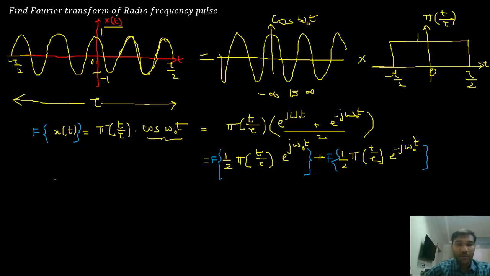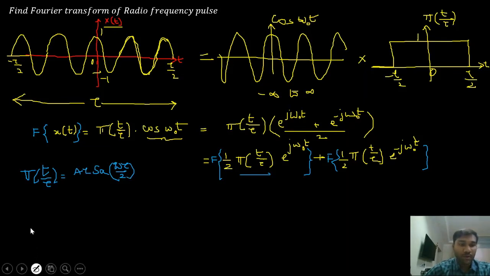Now let me look at what is the Fourier transform of pi of t by tau. The Fourier transform is a tau sampling function of omega tau by 2, right? My a is equal to 1, so it is tau sampling omega tau by 2.